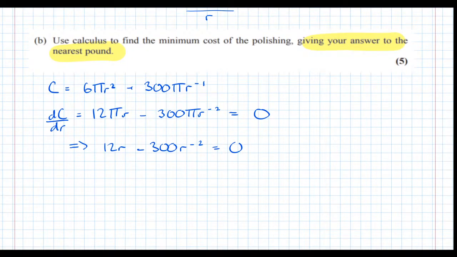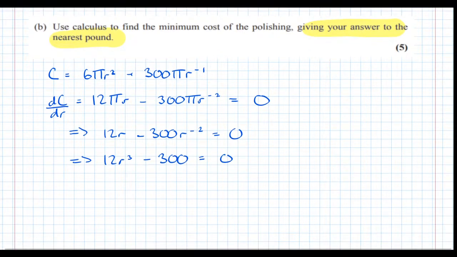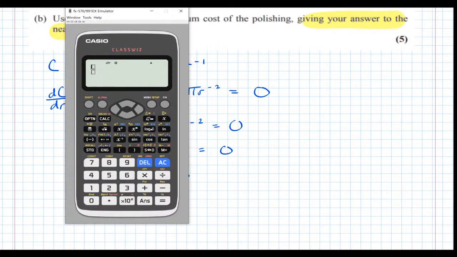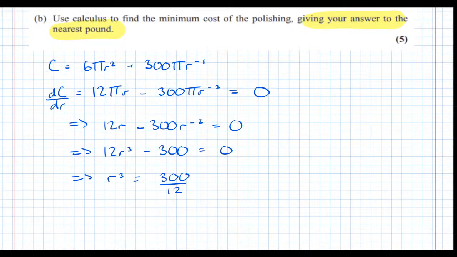Times both sides by r squared, I get 12r cubed minus 300 equals 0, which means that r cubed equals 300 over 12 equals 25.